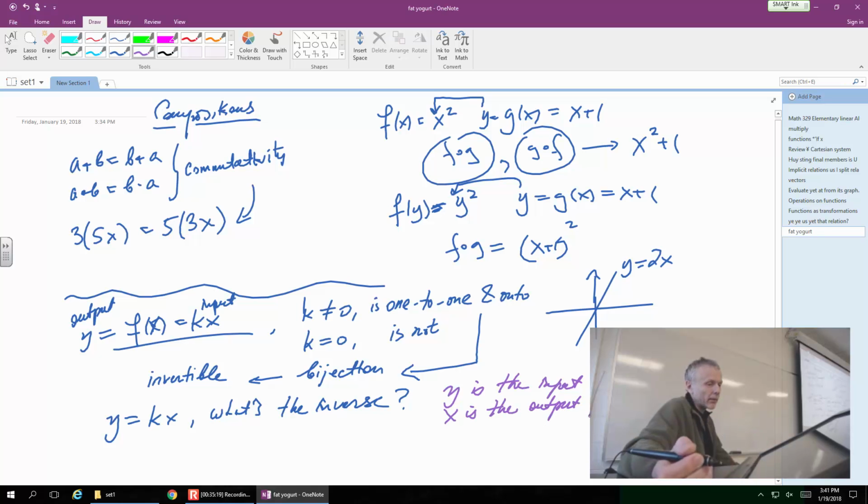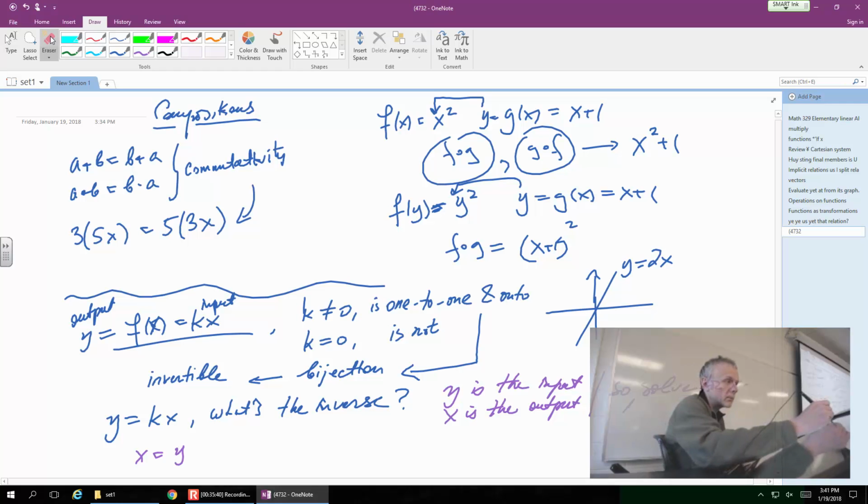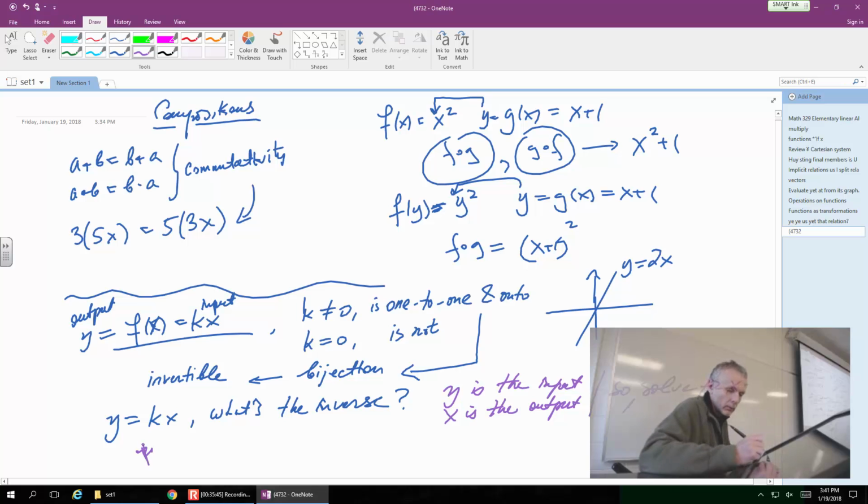Once you understand it this way, then how do you find the formula for the inverse? Just solve for x, period. So I have simply x equal 1 over k times y.